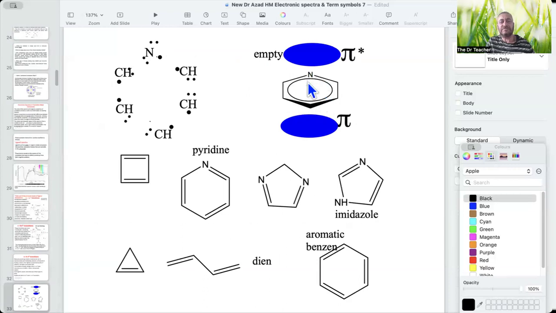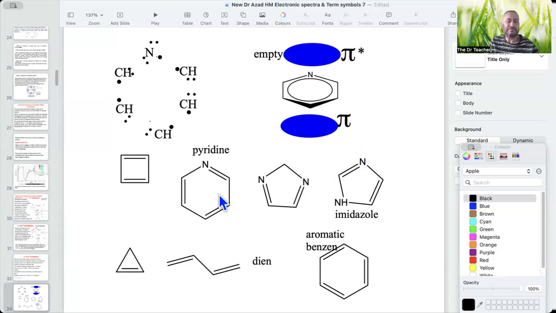This is the pyridine ring. There is nitrogen, and there is empty pi star and filled pi because of the delocalized pairs, or 3 pairs, of double bonds. So they will be delocalized and they will form pi.